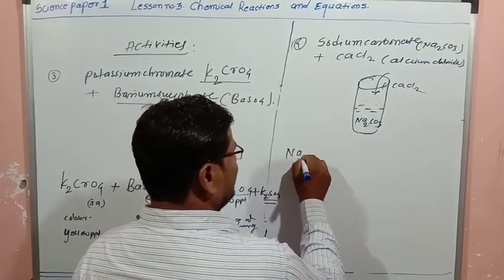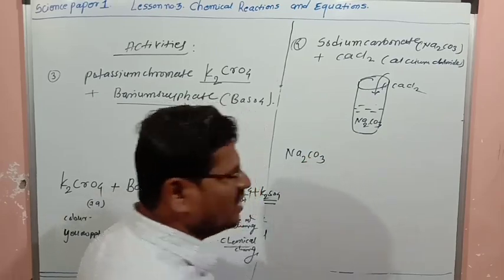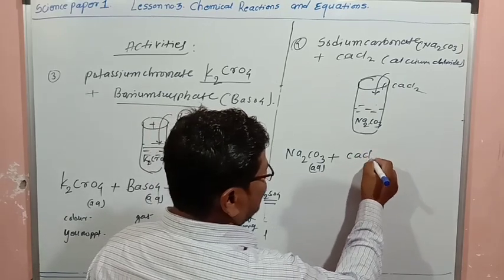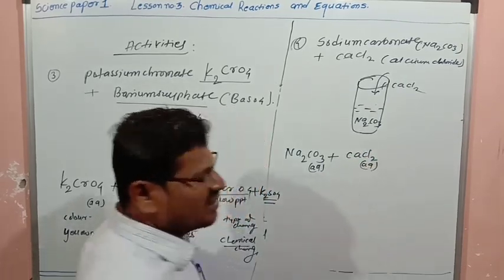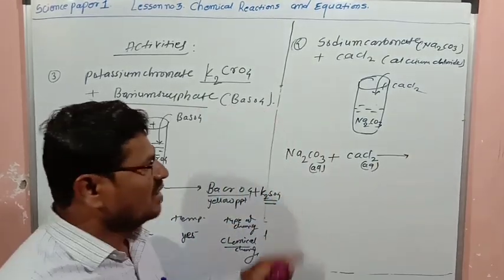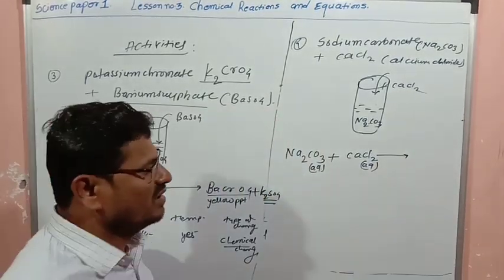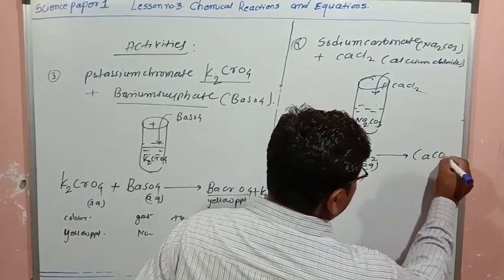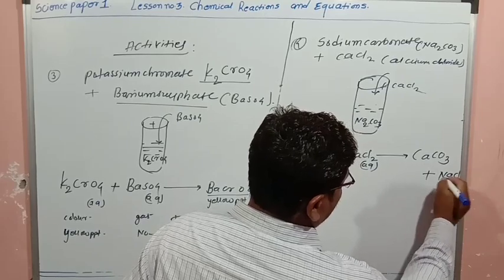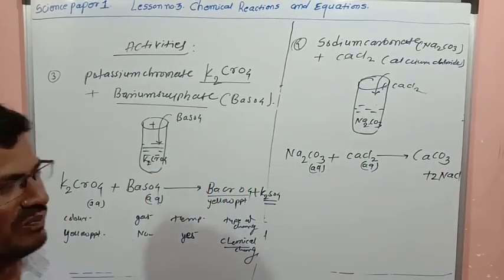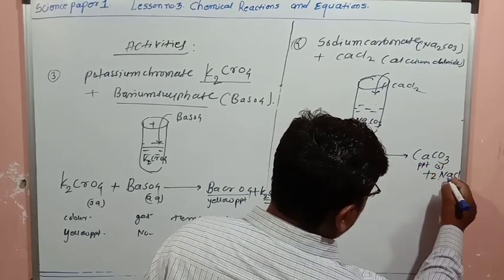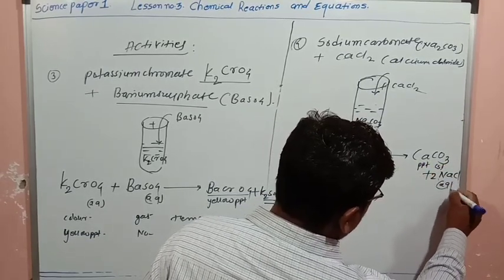Firstly, Na2CO3, the sodium carbonate, will be aqueous, plus CaCl2, also aqueous, calcium chloride. This reaction will form CaCO3 plus two NaCl molecules. This one is the PPT, solid, and this one is aqueous.